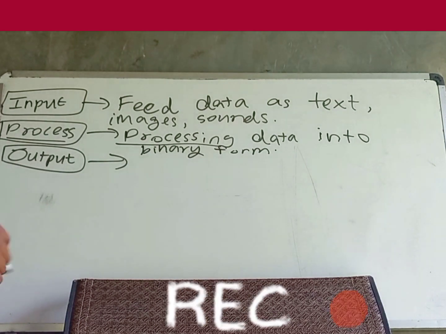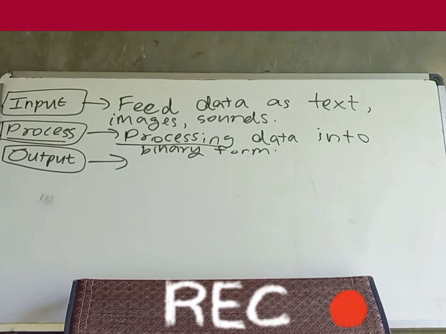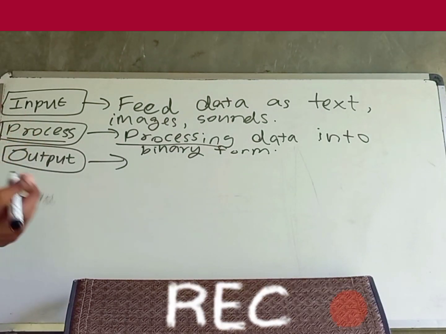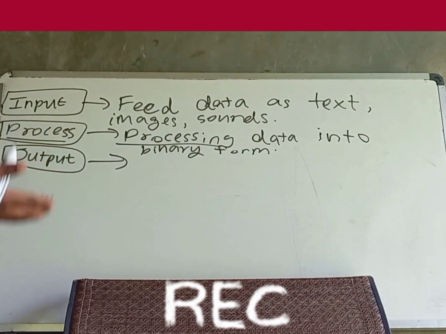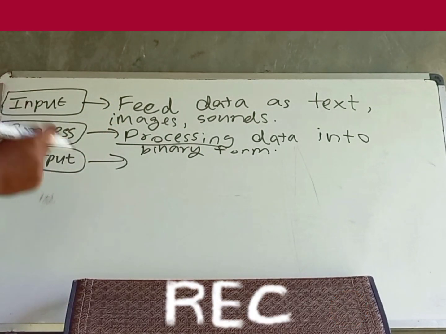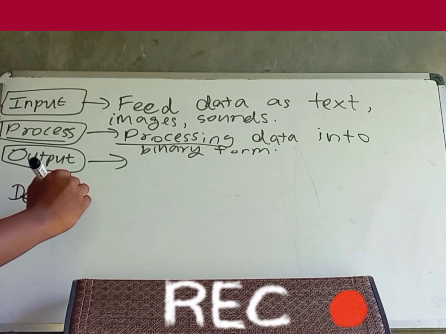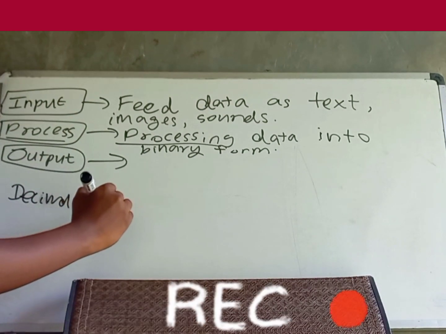So what is output? We can't understand binary number system, but the computer can. So the computer gives us the data it converted to binary number system as the decimal number system back to us.